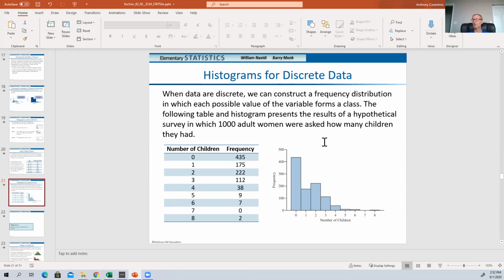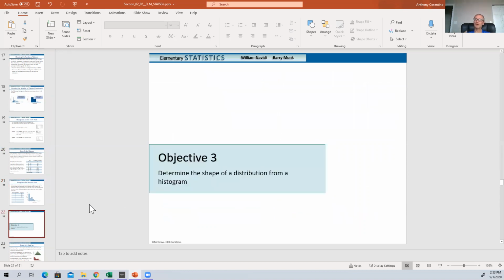And here's an example of a number of children where 1,000 adult women were asked. And so to finish this one up, again, just to show you a couple other ways to think about the idea of data in a picture or display or graphical sense.